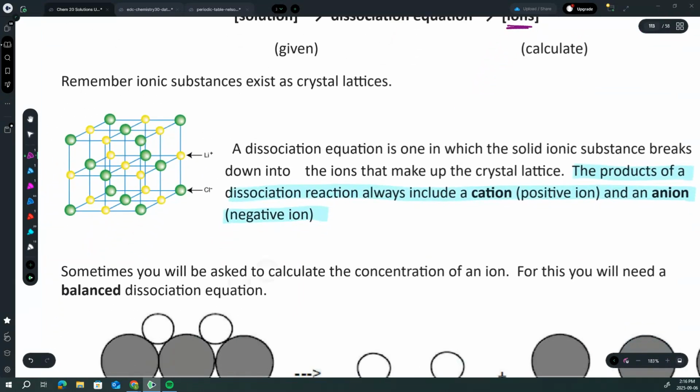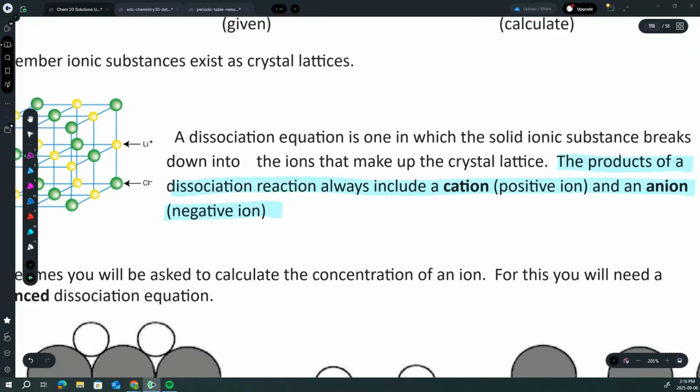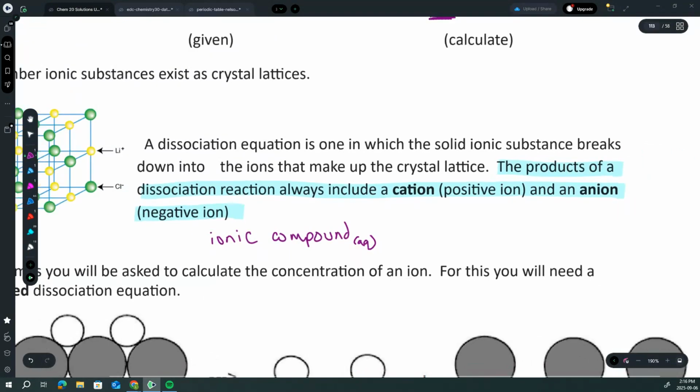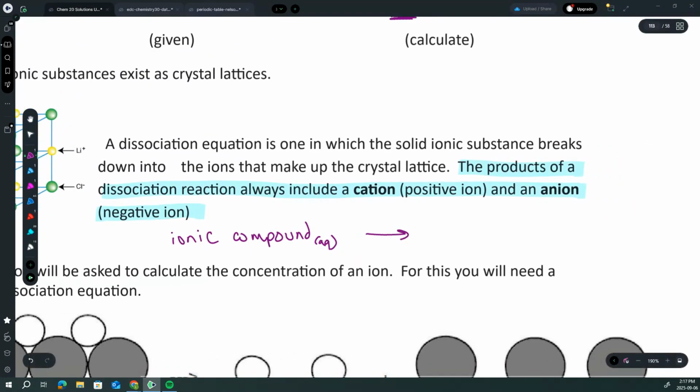Okay, so if we were to make a template for a dissociation reaction, it would just be some ionic compound, and we can write this as aqueous, just to be like the snapshot right before it dissociates. Since we're writing aqueous here, we don't necessarily have to write water above the reaction arrow.